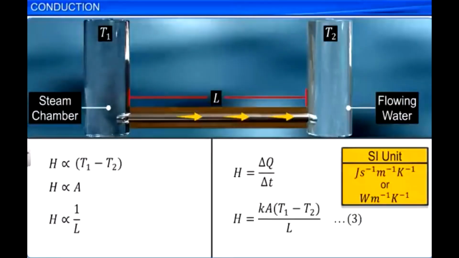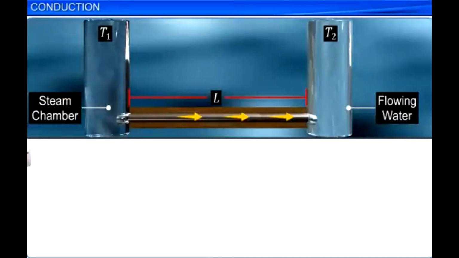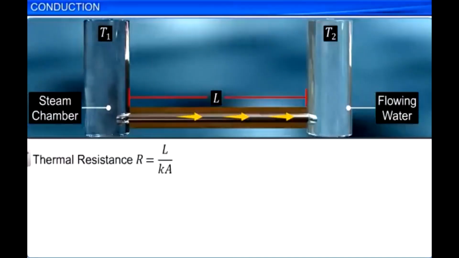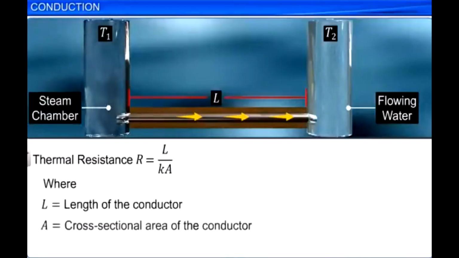For a rod, the mathematical expression L by KA is defined as its thermal resistance R, where L and A are the length and cross-sectional area of the rod respectively, and K is the thermal conductivity of the material of the rod.